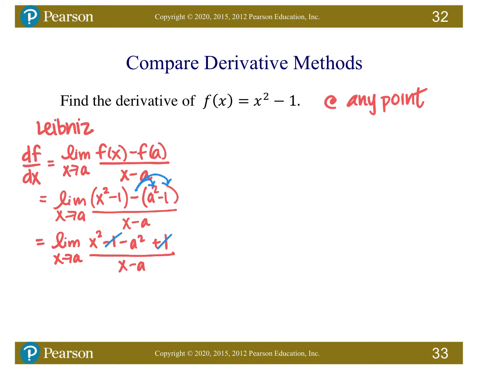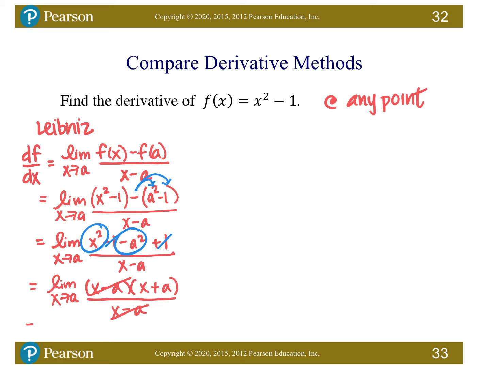We're left with x squared minus a squared, which is a difference of squares. So Leibniz always ends up with that kind of thing: an x minus a times an x plus a over the x minus a. Leibniz usually ends up with some kind of difference of squares, which is going to reduce away, leaving me with just one parenthesis of x plus a. Newton always ends up with the front term canceling out the back term, and then the h's reducing, but Leibniz always ended up with this way.